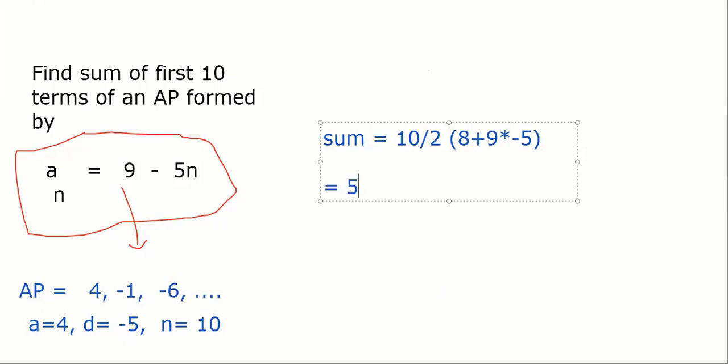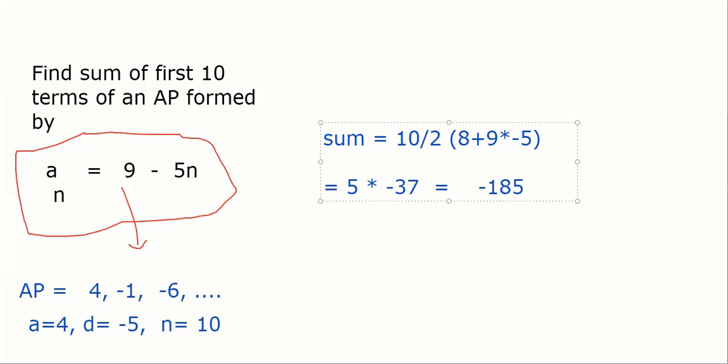So equal to 5 times, how much will this be? 8 plus 9 into minus 5 is minus 45. Minus 45 plus 8 is minus 37. 5 into minus 37 is minus 185. The sum of the AP is minus 185.